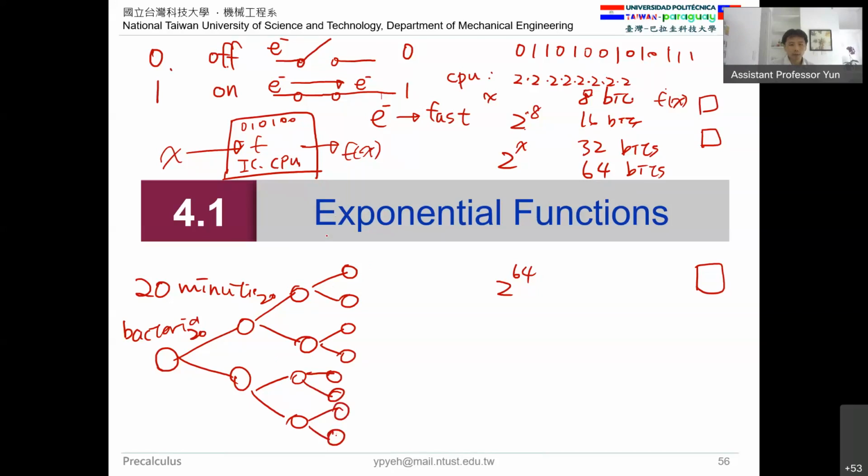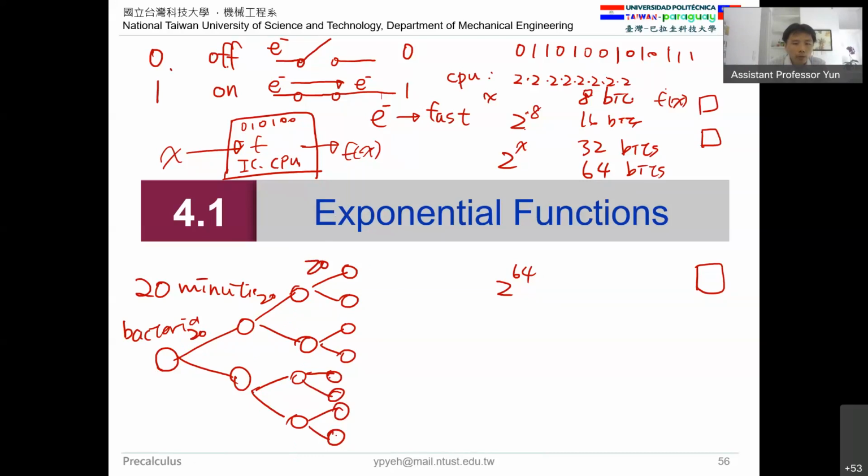So then there will be another 2, right? So you can see that after 20 minutes, the cells or the bacteria or the virus could become twice. So after another 20 minutes, it will be twice the second time, which will become 4 here.